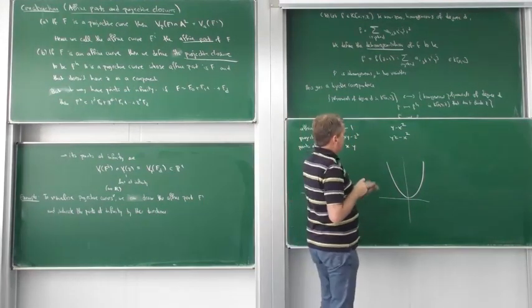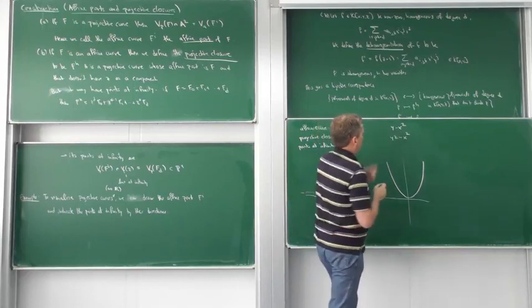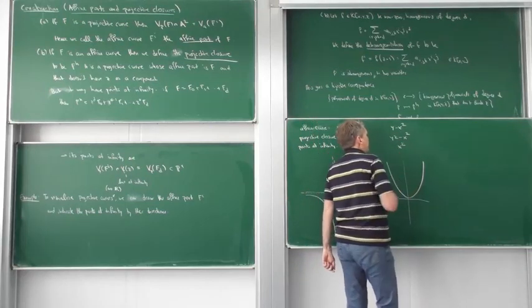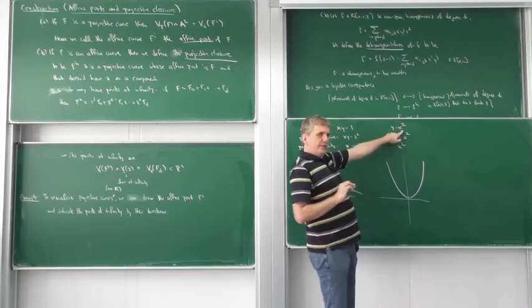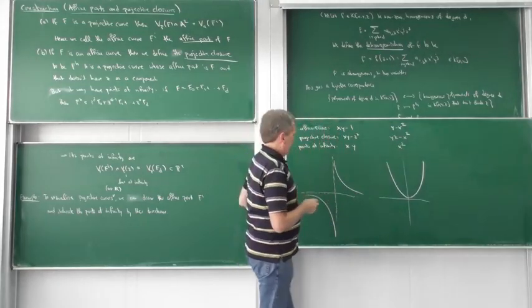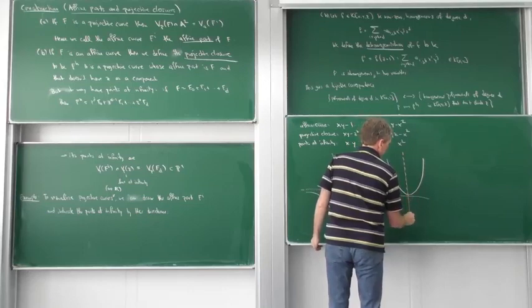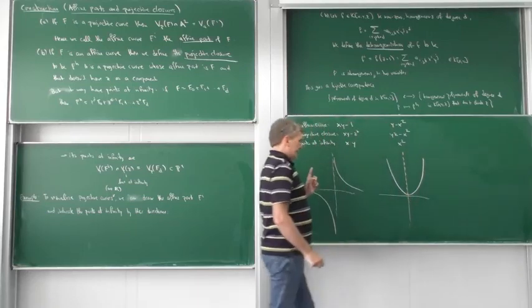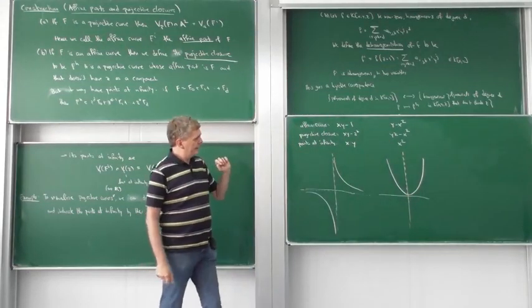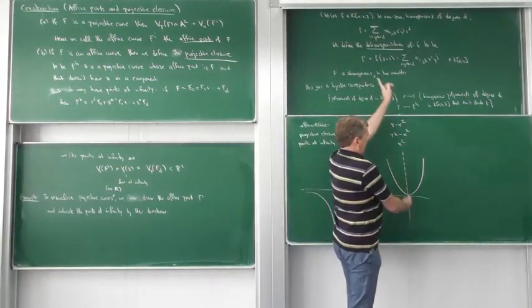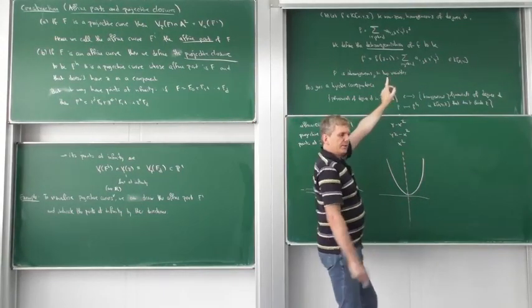The points at infinity we get by setting z equal to 0. We just keep x squared, the highest degree term. And x squared equal to 0 gives only x equals 0. That means in that case you would have one point at infinity, which sits at infinite distance on the vertical axis.